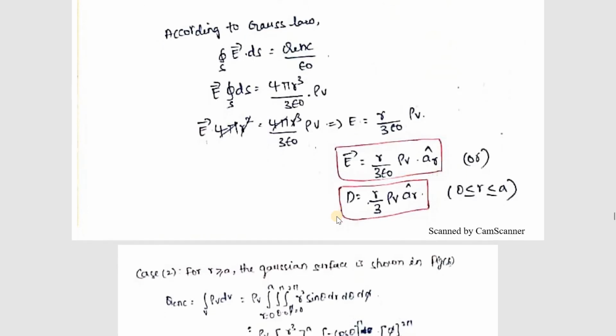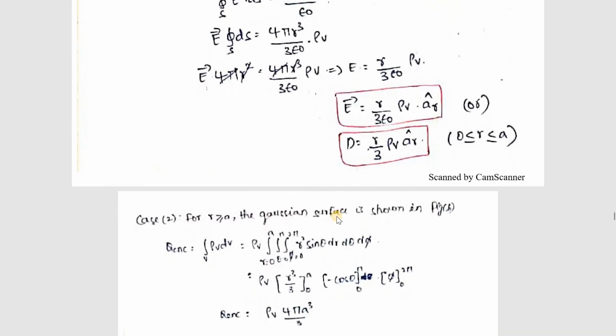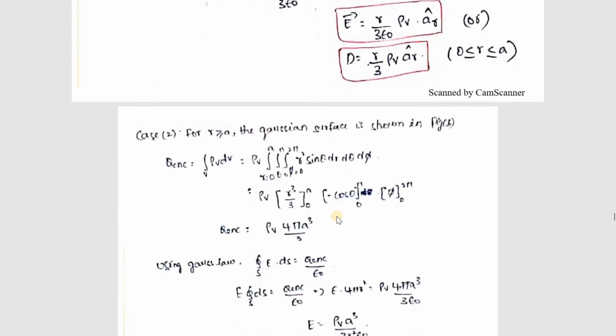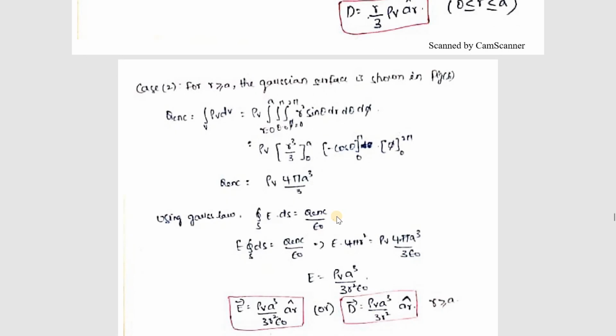Now suppose r is greater than a. Now the Gaussian surface is nothing but r greater than a. So the total radius of the sphere is a. So again Q enclosed is the volume integral rho v dv. So dv for a sphere is r square sin theta dr d theta d phi.